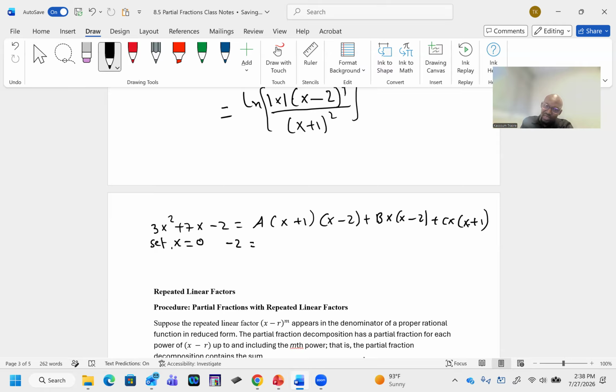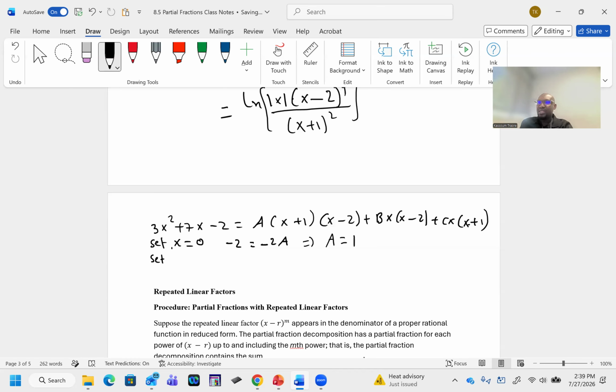So negative 2 times 1 is negative 2, so we'll have negative 2a. Plus Bx, x is 0, so 0 times anything becomes 0. This one also will be 0. So from there, A will be 1.